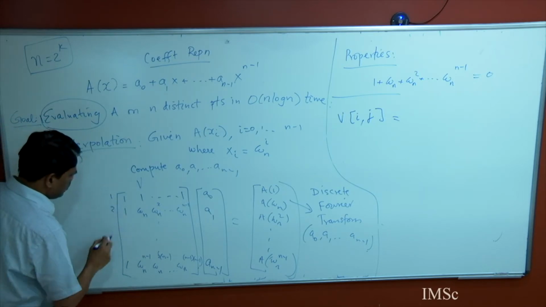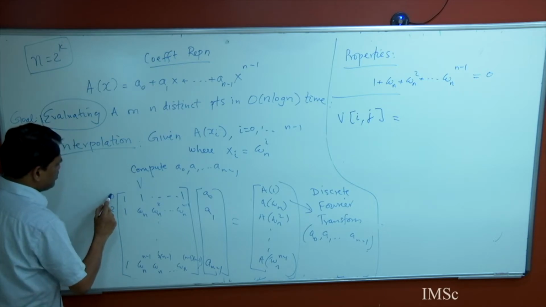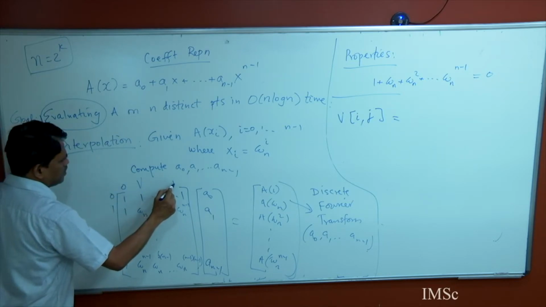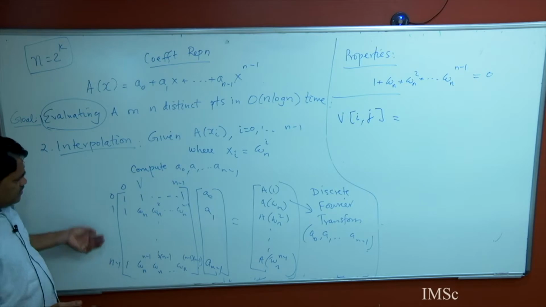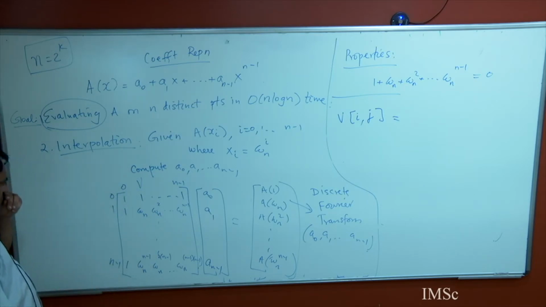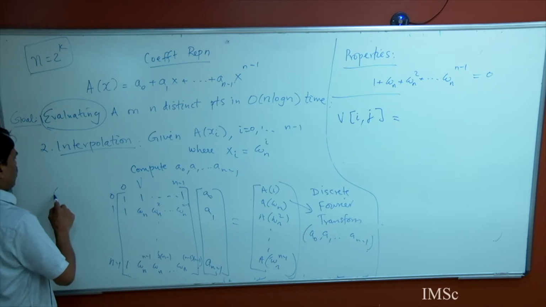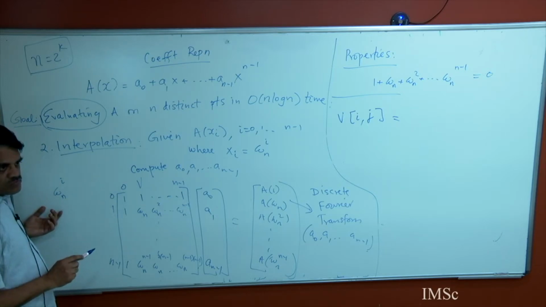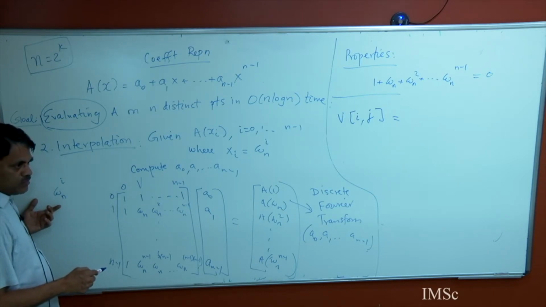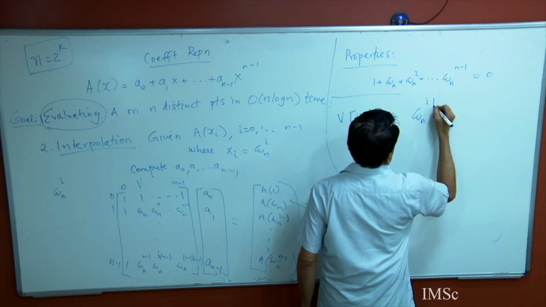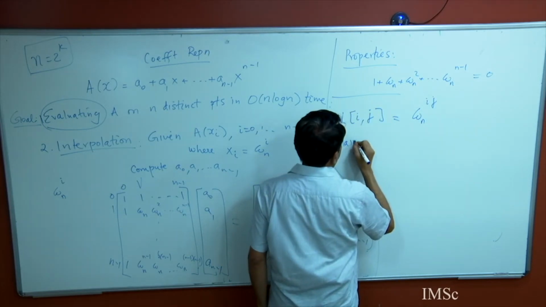Let's write this with rows 0 to n minus 1 and columns 0 to n minus 1. The ith row is about evaluating the polynomial at omega_n to the power i, so the jth column would be omega_n to the power ij. Here is my claim about V inverse.